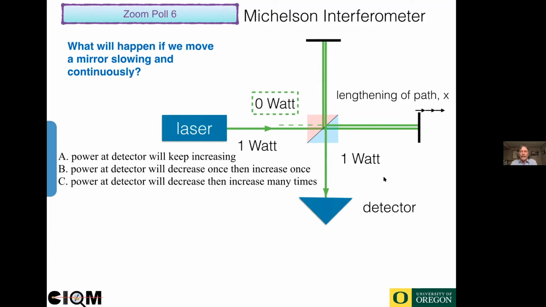And remember, I keep moving it. I move it a distance greater than a wavelength. Maybe I move it a net of 5 wavelengths, but smoothly. So we have a certain number of answers. What I'm going to do is relaunch the poll. And as usual, stick with your answer if you like your answer.